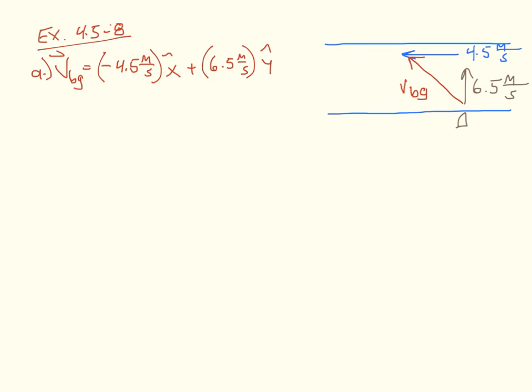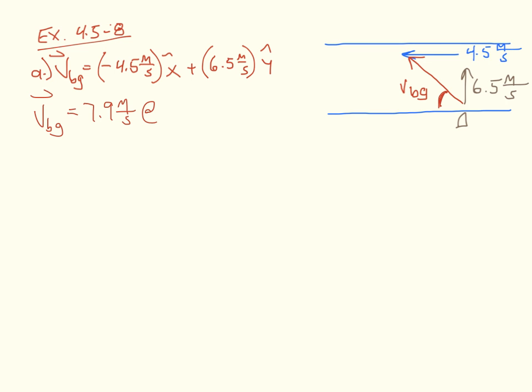So let's get out our calculators. We'll do our Pythagorean, 4.5 squared plus 6.5 squared, and take the square root of that. So the magnitude of the velocity of the boat to the ground is going to be 7.9 meters per second. At what angle? That would be this angle right there with respect to the horizontal.